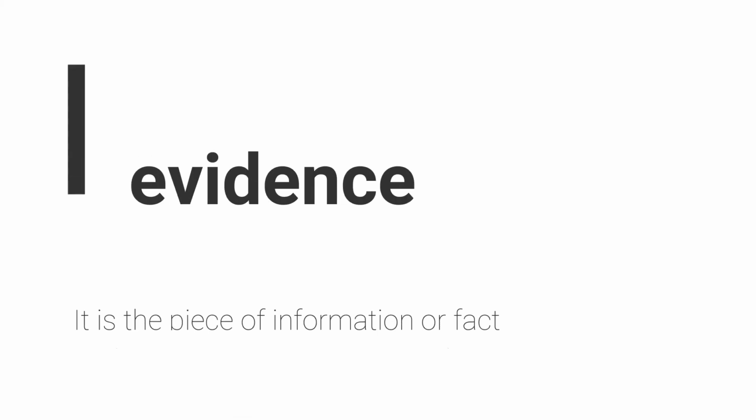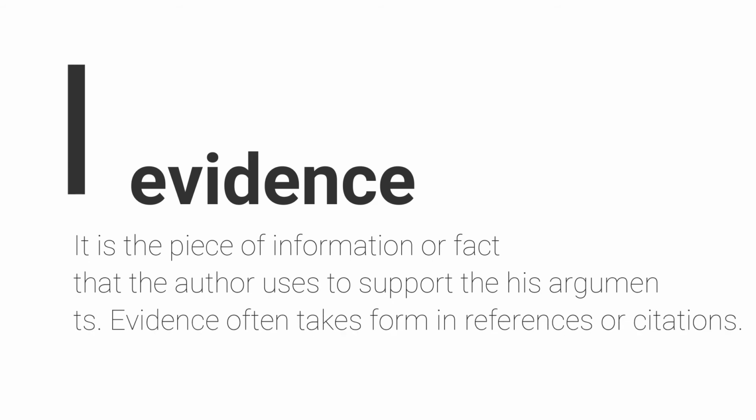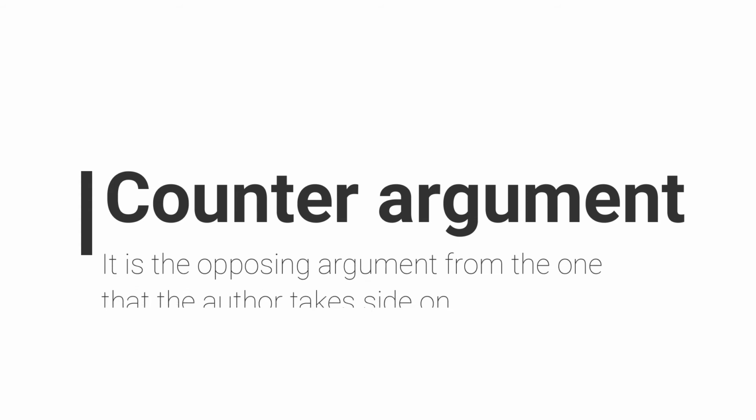Then we have evidence. It is the piece of information or fact that the author uses to support his arguments. Evidence often takes the form of references or citations. Another element is counterargument. It is the opposing argument from the one that the author takes side on.